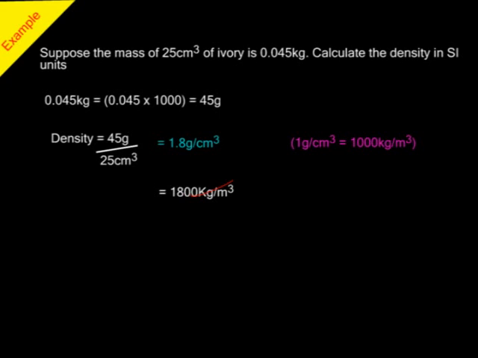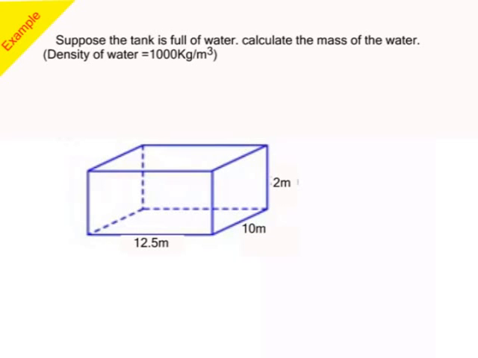Another example, suppose the tank shown on your screen is filled with water. Calculate the mass of water in the tank. And we are given the density of water is 1,000 kilograms per meter cubed. Now the volume of the tank will be given by length times width times height, that is 12.5 times 10 times 2, which gives us 250.